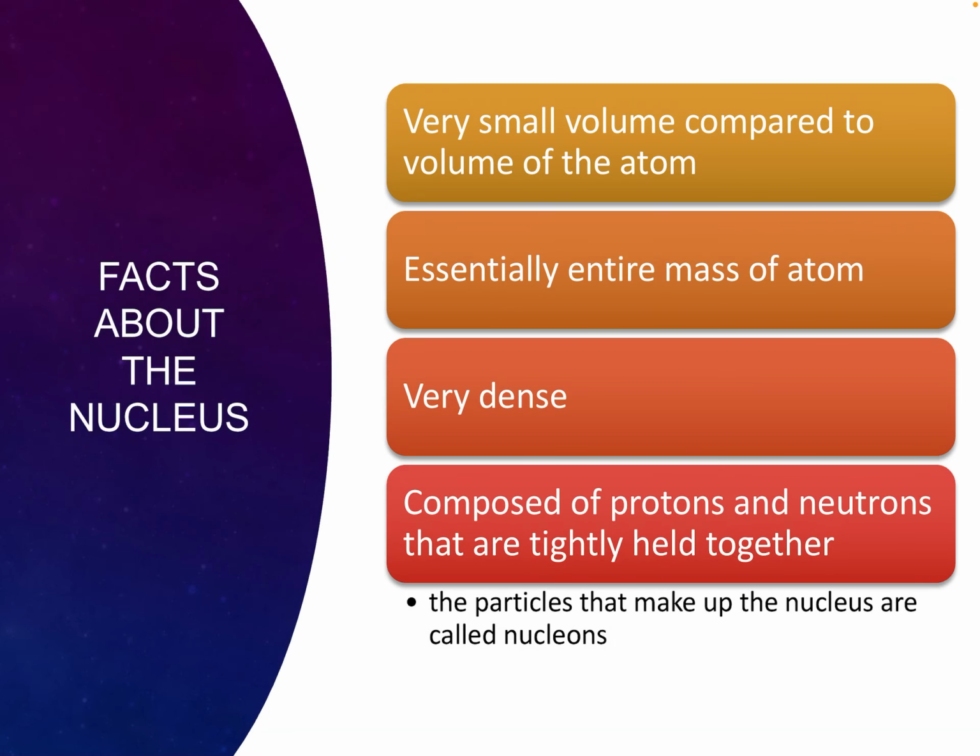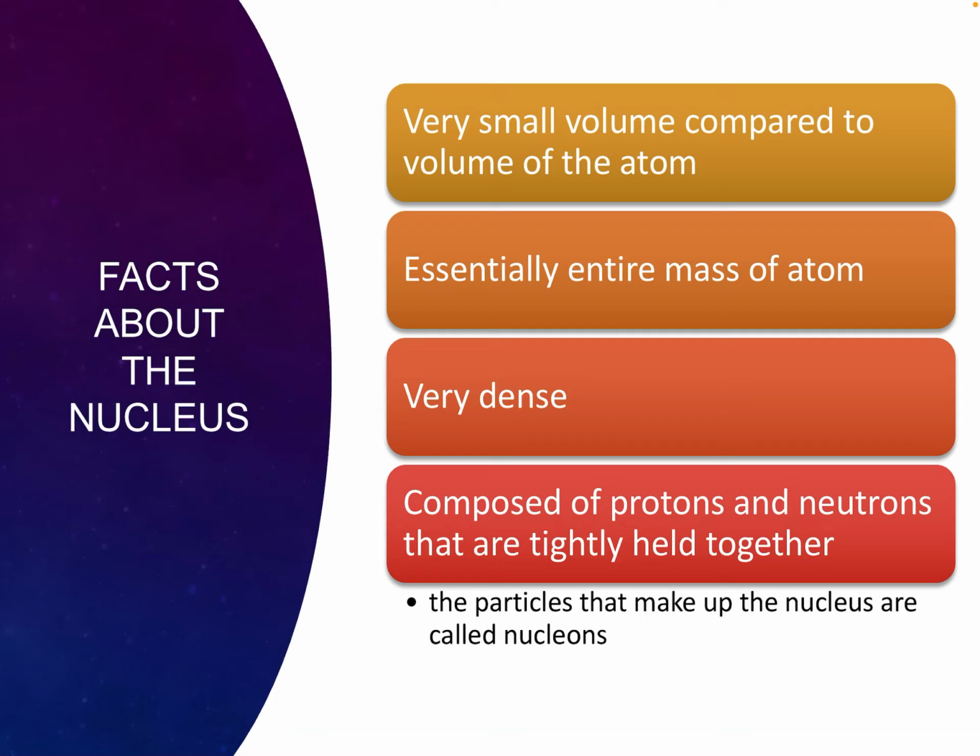This should be a review. The nucleus has a very, very small volume compared to the volume of the atom as a whole. The electron cloud takes up a lot of the space in the atom, but the nucleus itself is very tiny in the middle. But essentially all of the mass is in the nucleus, so it's really dense because it has a lot of mass in a really small area.